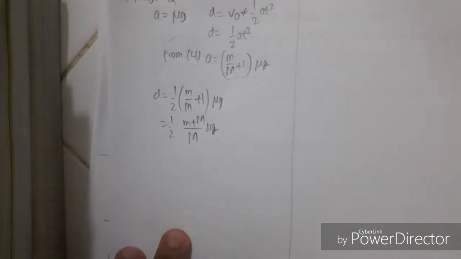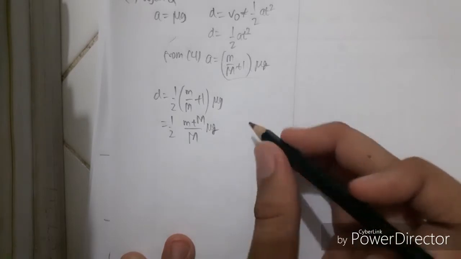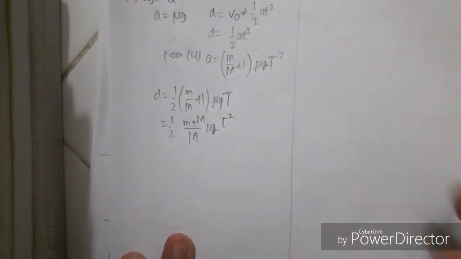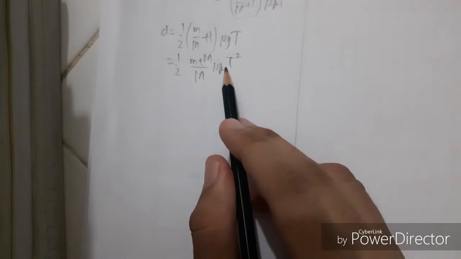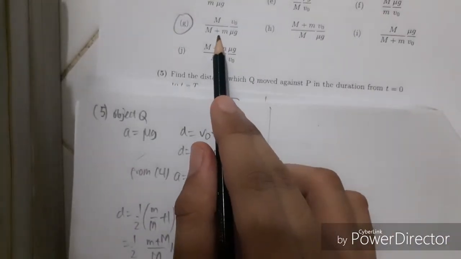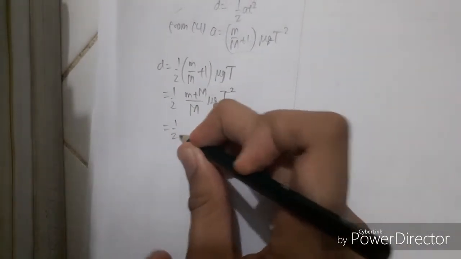And now what to do is, because there is t squared, oh I forgot there's t squared here, because it happens at time t, right? Now we already got t at question 4, which is this one, m over m plus m for v0 over mu g, and we can substitute that.